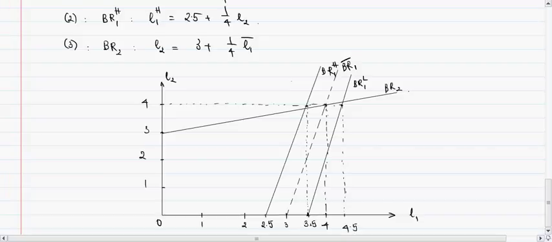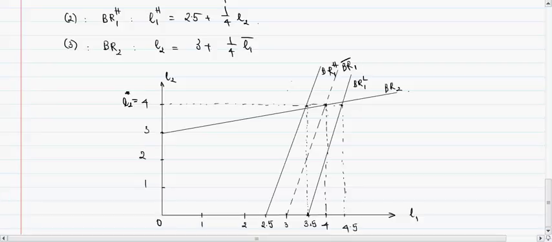Player 2 is going to respond to the average, and this point is the equilibrium for player 2. So we know that player 2 is going to be choosing L2 star equal to 4 in equilibrium.